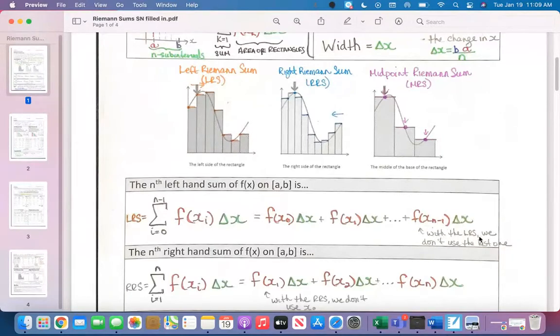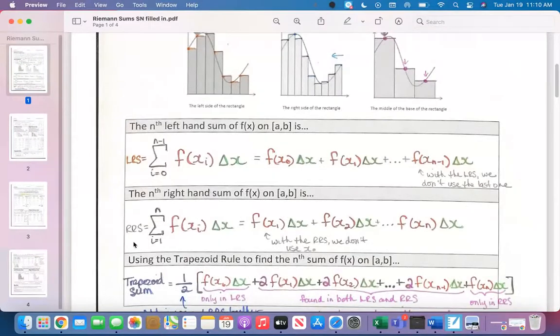So with the left Riemann sum, we don't use that last height, because that would be the right endpoint, and we only use the left endpoints for each rectangle. So this basically means we're taking our area formulas, I've connected it to the notation of our function, and we add them all up to figure out an approximation for the area.